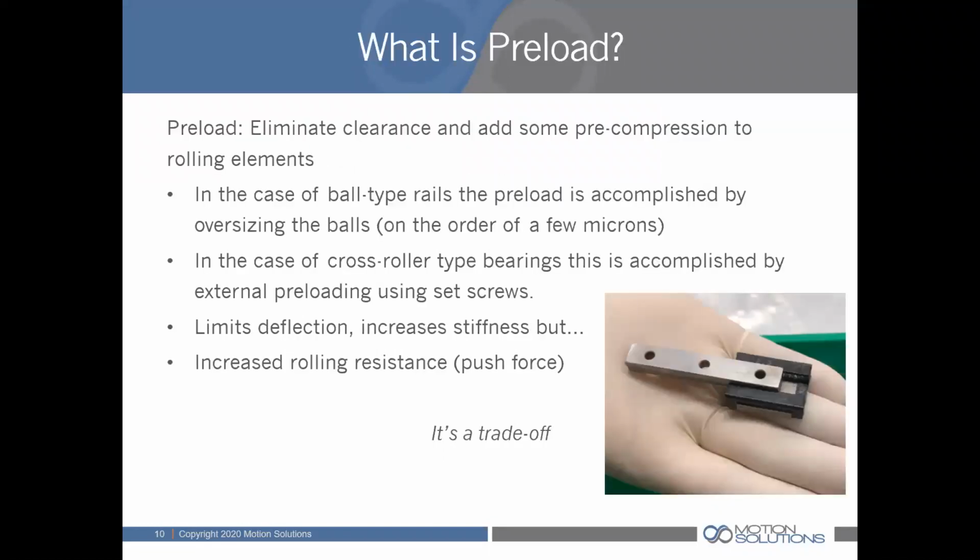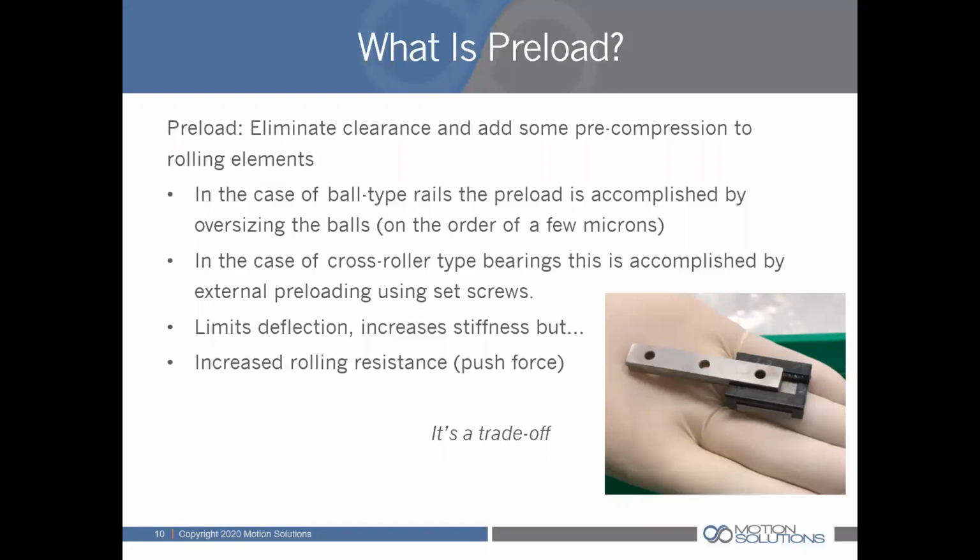Now let's talk a little bit about preload. So start on the ball type. The ball sits in the raceway between the linear guide and the carriage, and so there is no adjustment. When the linear guide is ground and the carriage is ground, there is a resulting nominal amount of space designed in such that, let's just say it's a 1/8 millimeter ball or a 1/8 inch ball nominal.